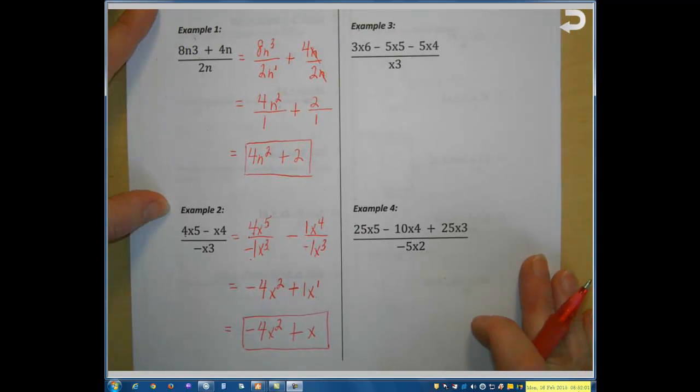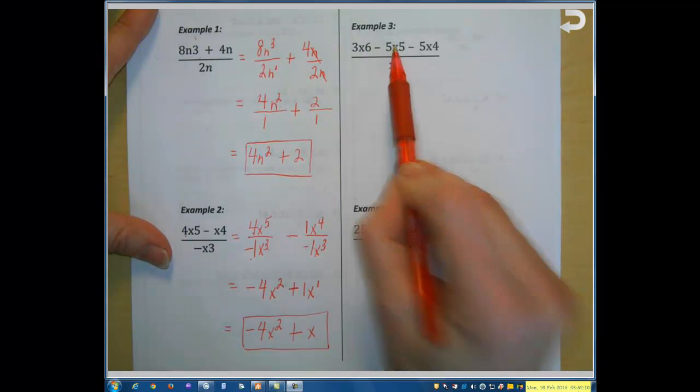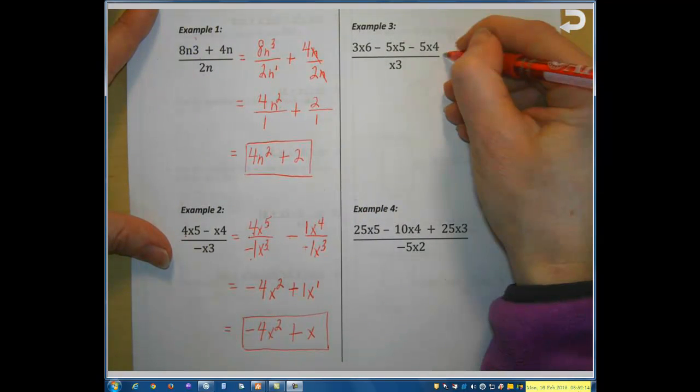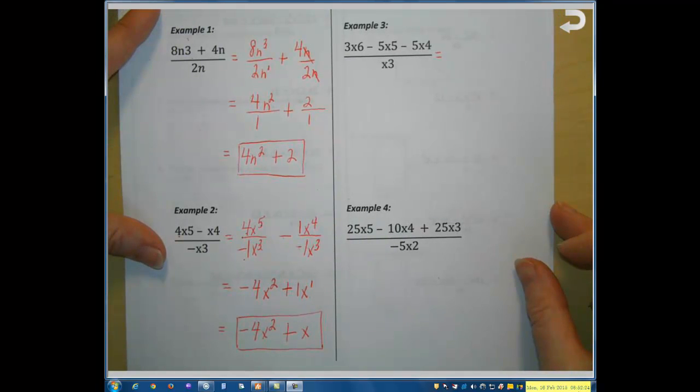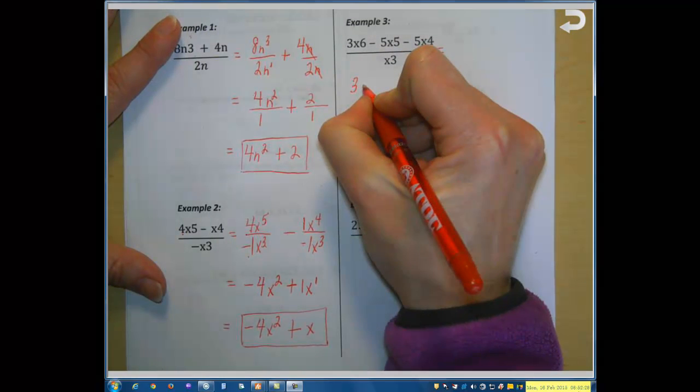Okay, in example 3, I would like you to split this into 3 different fractions on your own. We have a trinomial with 1, 2, 3 terms separated by minus signs. Go ahead and split that into 3 fractions on your own, and then play the video again to check your work. So your 3 fractions should look like this.